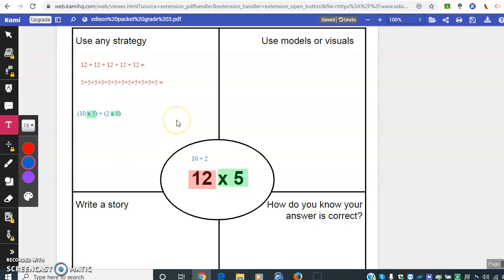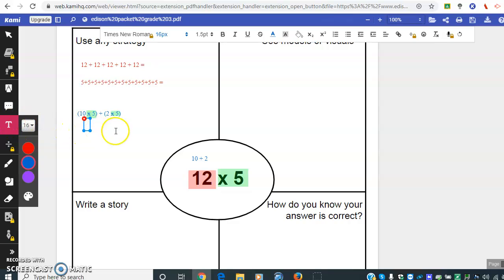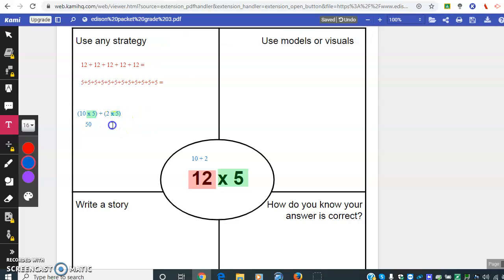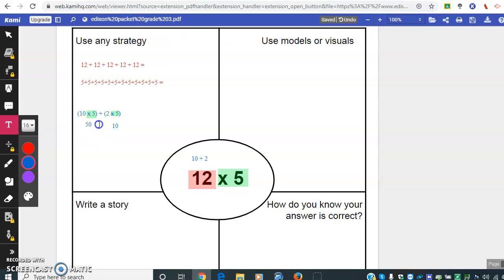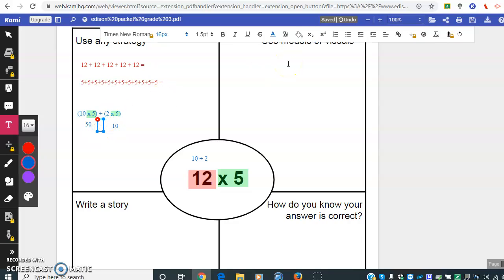What I tell the kids is, one of the numbers gets left alone, times 5, and the other one gets broken up. Then you multiply 10 times 5, which is 50, 2 times 5, which is 10, and those two numbers just need to be added together to make the final answer.